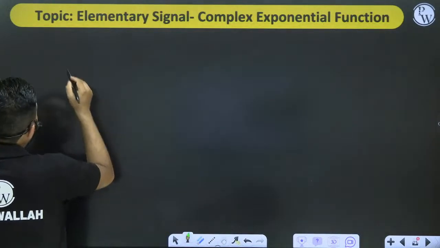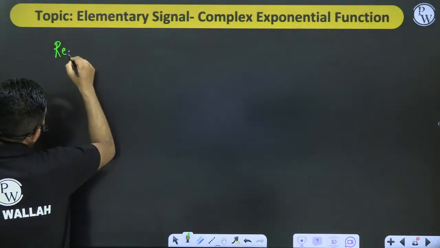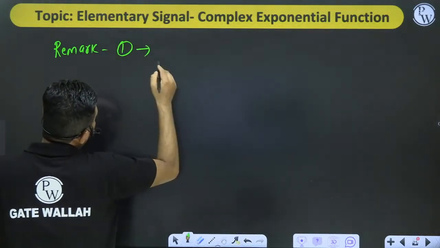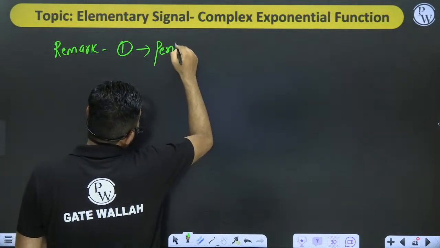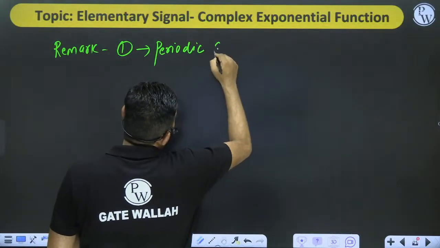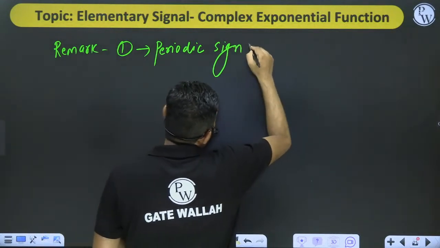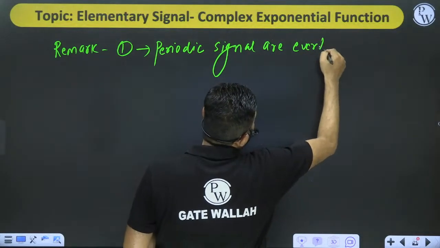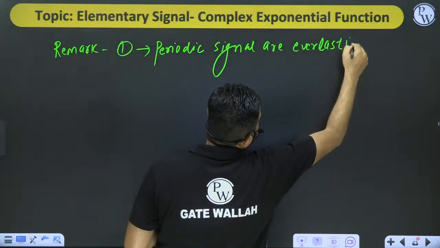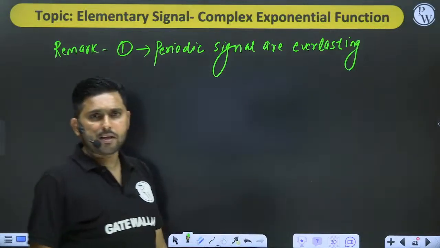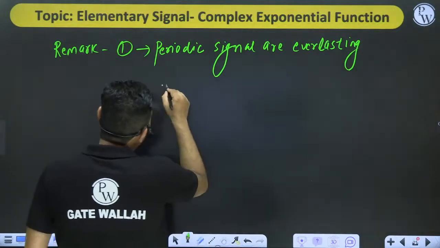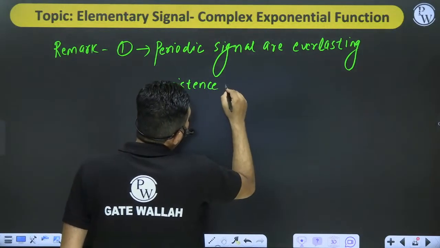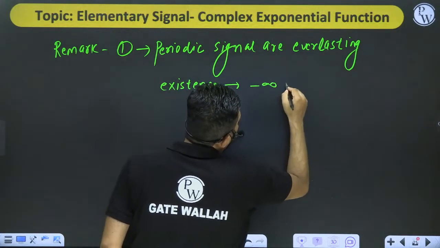So let's take a remark. 1. Periodic signals are everlasting. What is the meaning of everlasting? Everlasting means the existence must be from minus infinity to plus infinity.